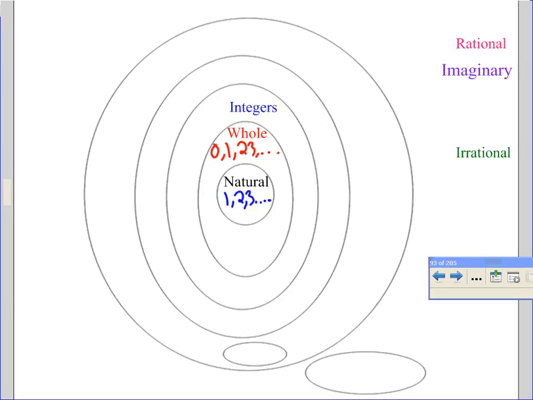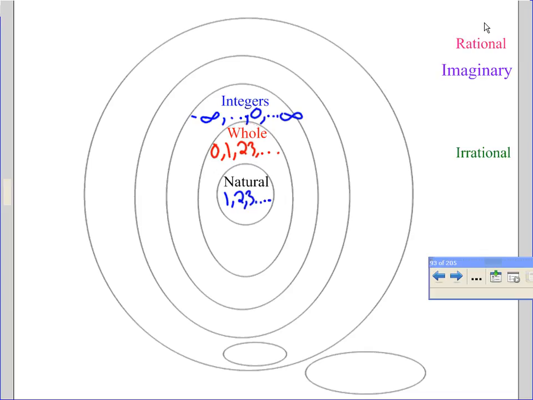Okay? What is on the outside, Matt, of whole? Good. Integers. I'm going to put integers up here. An integer goes from negative infinity to positive infinity. It includes 0, and it includes all the negatives and all the positives. All right.